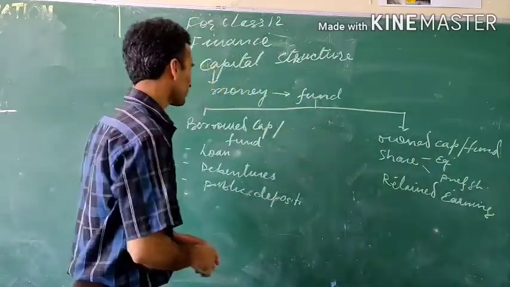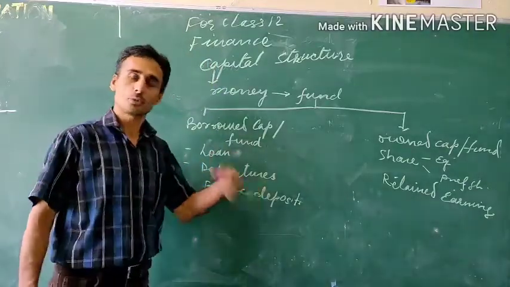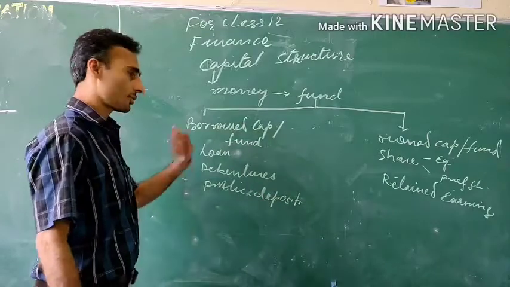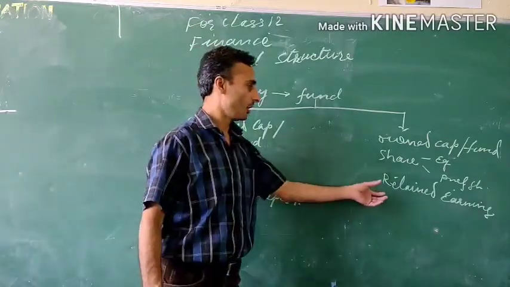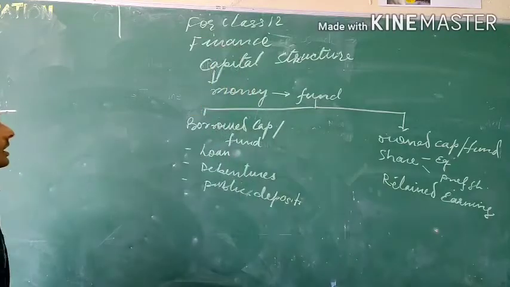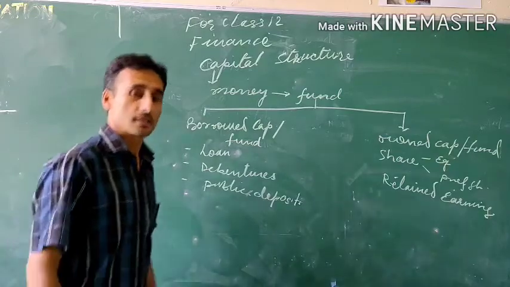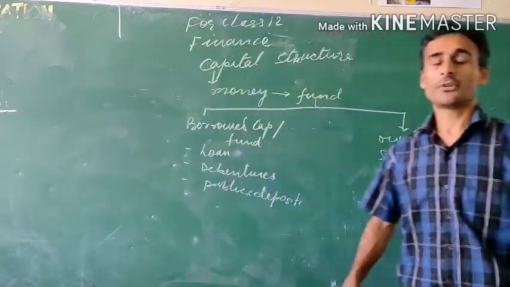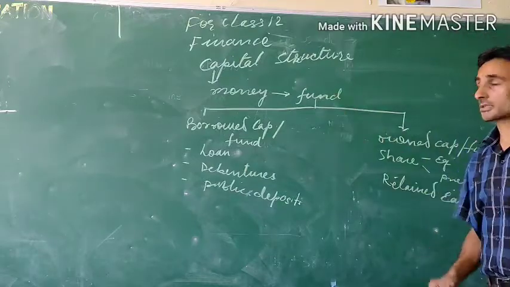Now for a joint stock company, there are so many sources of capital. These sources can be loan, debentures, public deposits, shares or retained earning. How a company gets the money for its operation is known as capital structure.